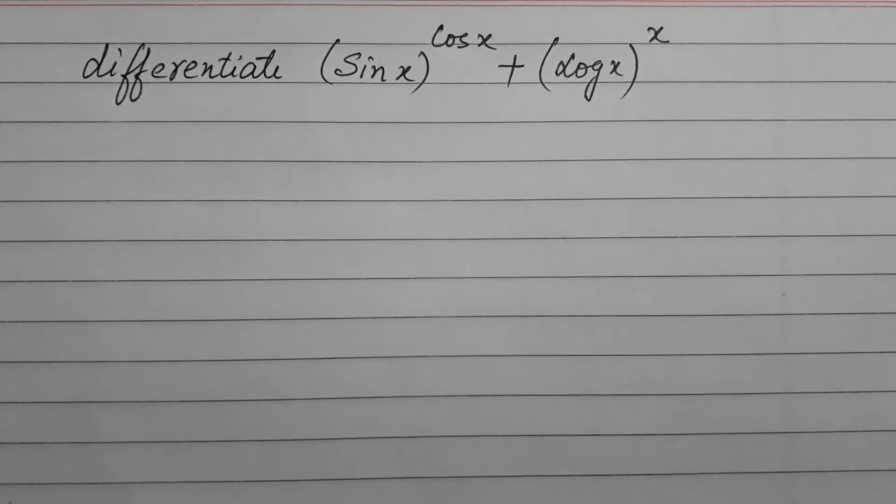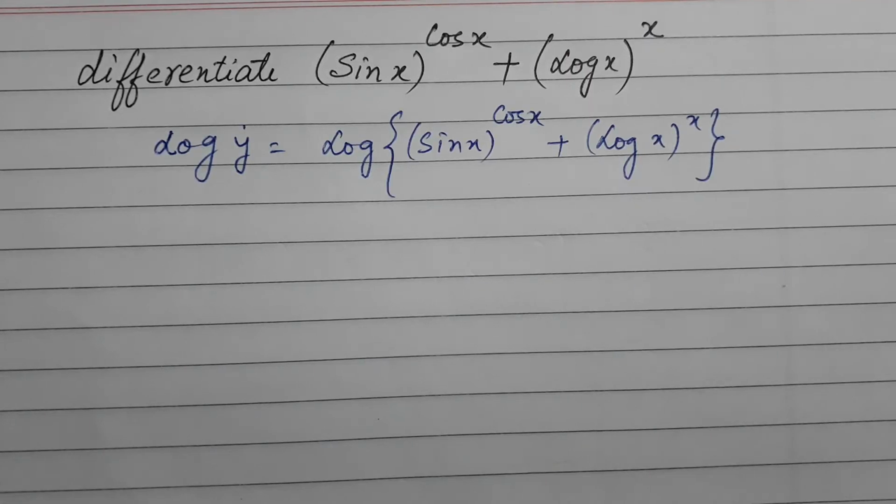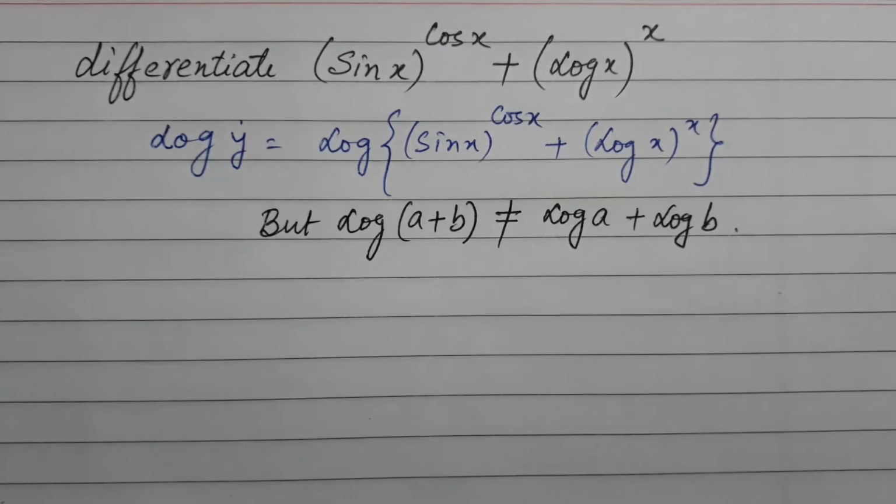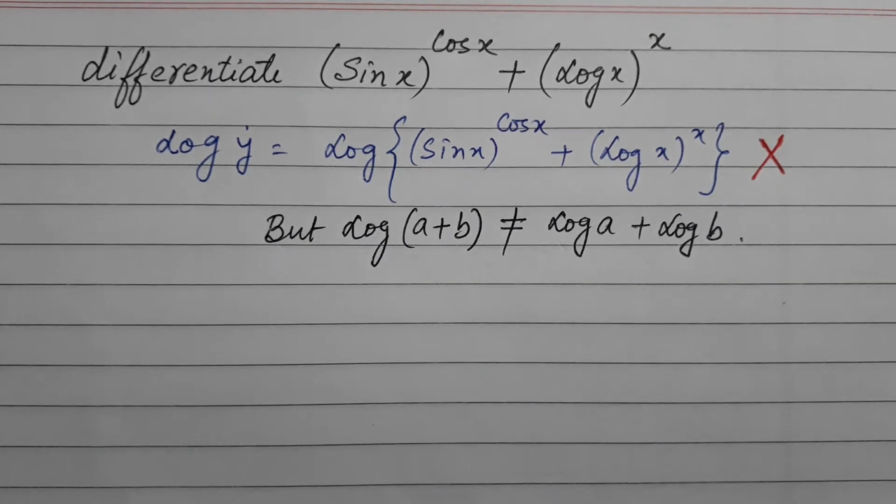Because if we take log on both sides initially, then the right side will become log of something plus something. But log of (a + b) is not equal to log a + log b. Therefore, the idea of taking log initially is totally wrong.